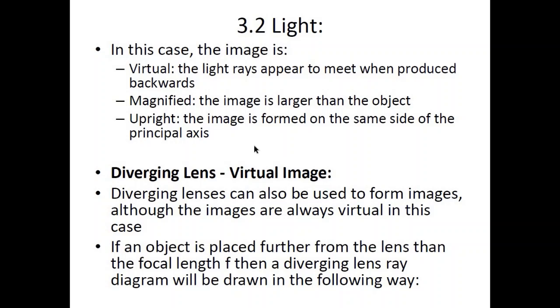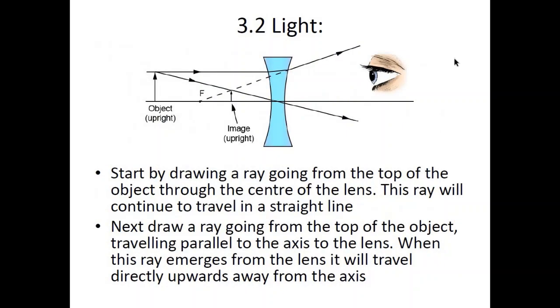Next we have diverging lenses, and they produce virtual images. They can also be used to form images. If an object is placed further from the lens than the focal length f, then a diverging lens ray diagram will be drawn like this. In a diverging lens, this would be the eye.